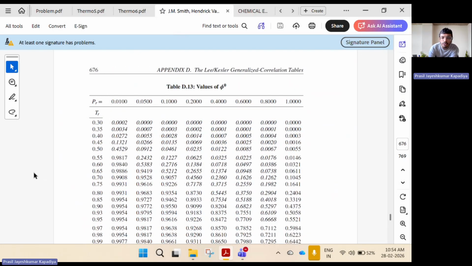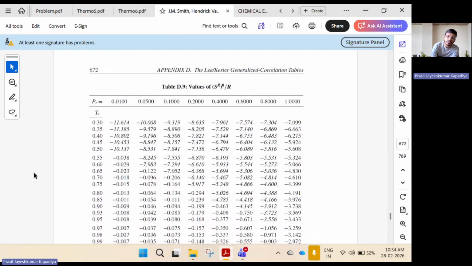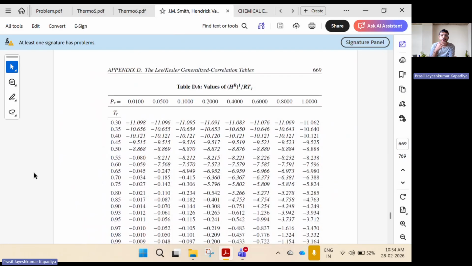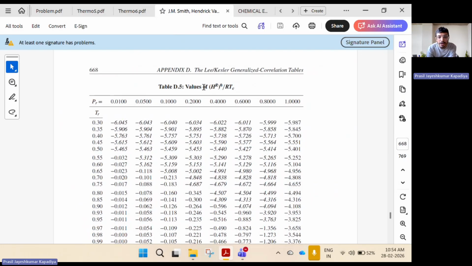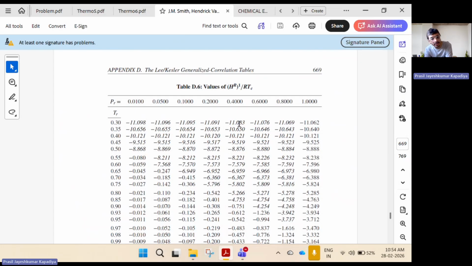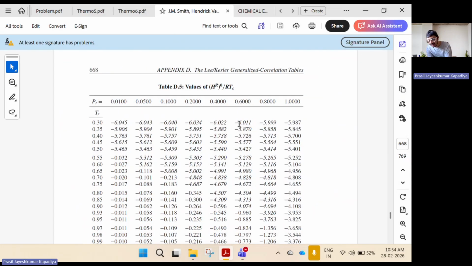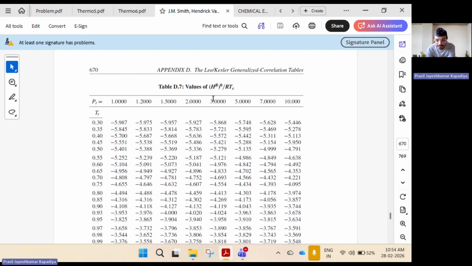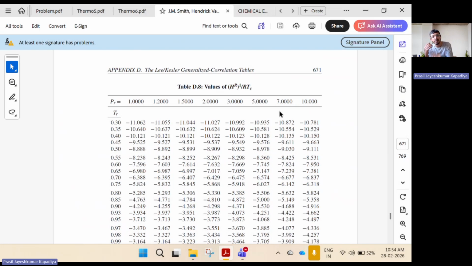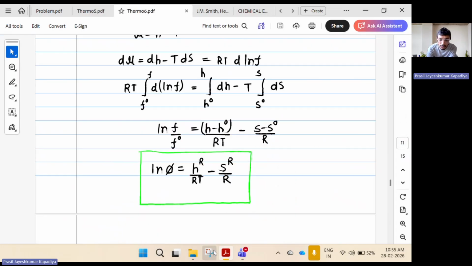And we have already seen how to estimate the residual terms. So HR by RTc is equal to HR0 by RTc plus omega times HR1 by RTc. If we know these terms from the Lee-Kesler relation, we can calculate the HR0 term and the HR1 term, then we will have HR by RTc, and from that we can calculate the value of HR, and that HR we can put in here.